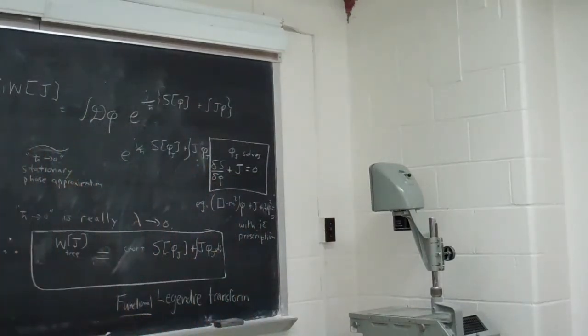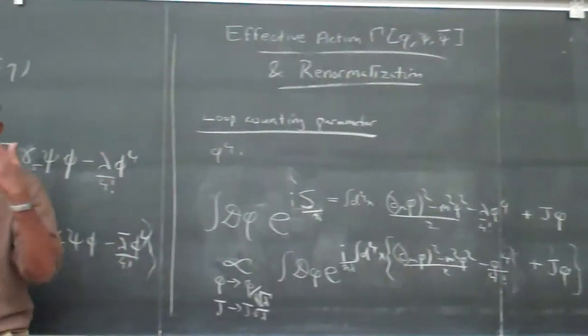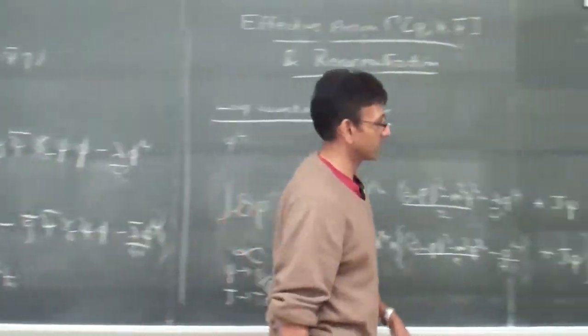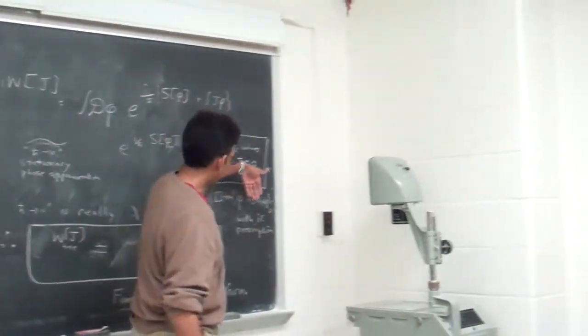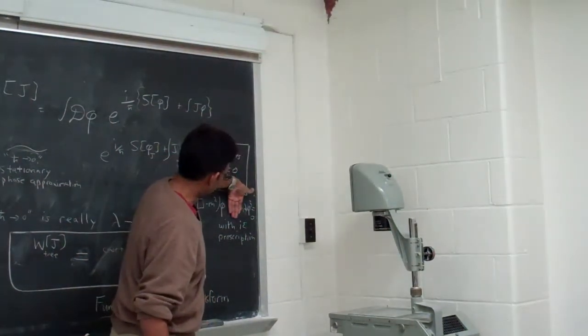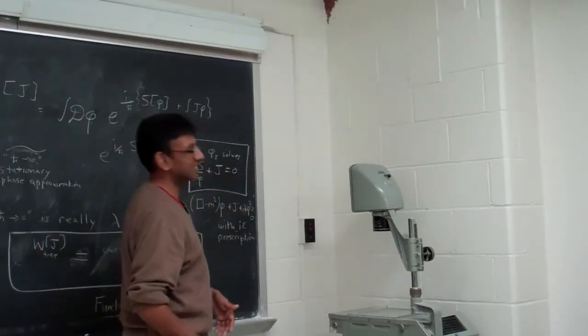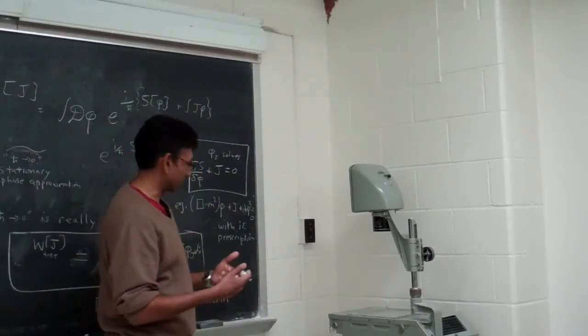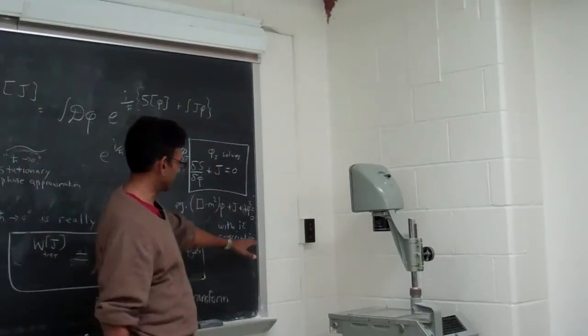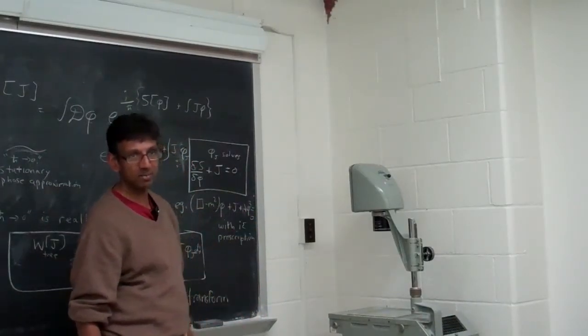The reason you're doing that is because you can always add a homogeneous solution to any solution of this and get another solution, and you're trying to break that degeneracy. You need some boundary condition. That's what this i epsilon is.